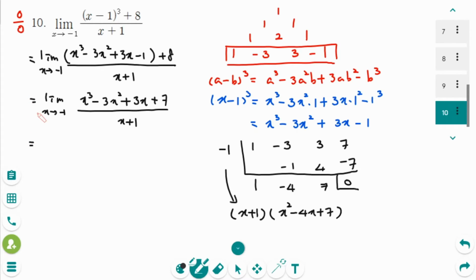So the limit becomes x plus 1, x squared minus 4x plus 7 over x plus 1. So cancel the common factor and simplify.